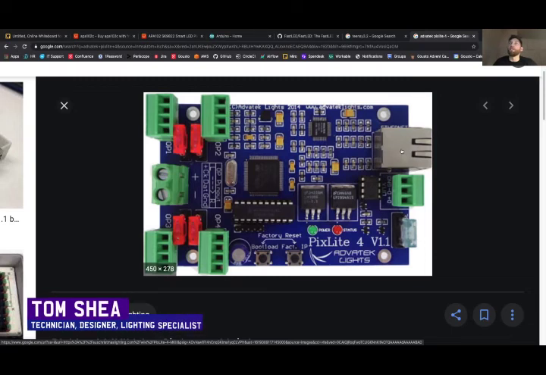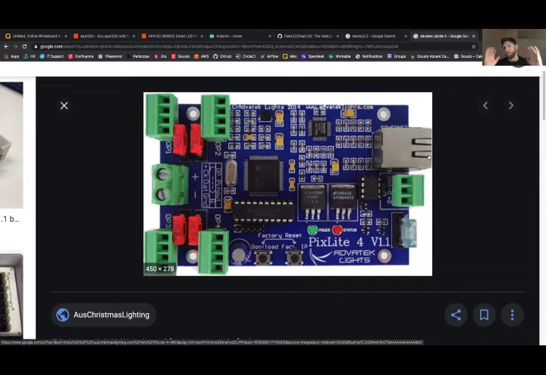And it uses this RJ45 connector, or RJ45 socket, also known as an Ethernet socket, to receive data from a computer. So you can leverage a conventional network system with a modem or a router to distribute data across your network of these devices.